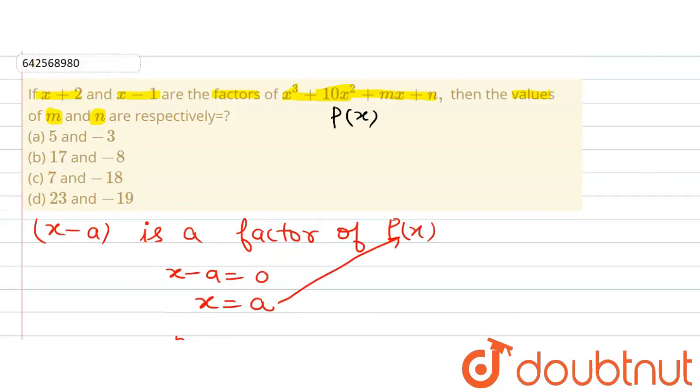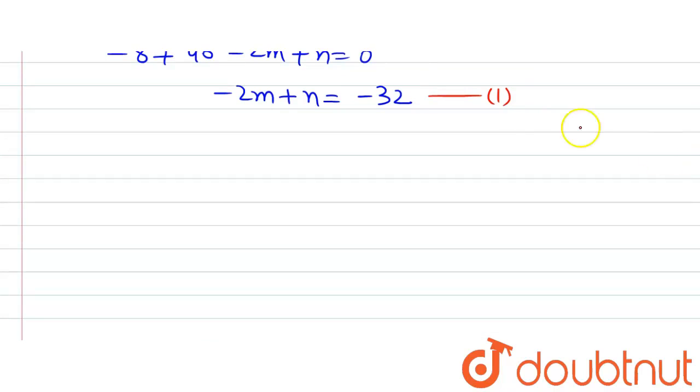Now let's move to the other factor, which is x minus 1. Now equate the factor x minus 1 to 0. Find the value of x from there. Put this value of x in place of x in the polynomial and equate it to 0, because the question itself is saying x minus 1 is a factor of the polynomial.